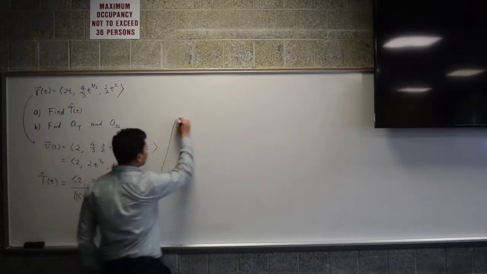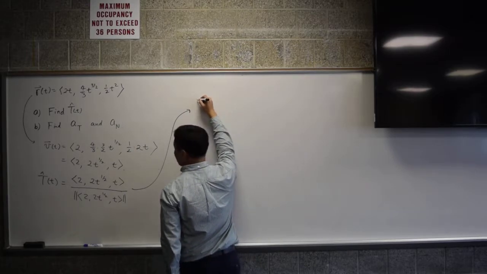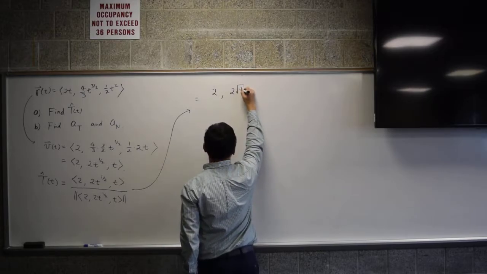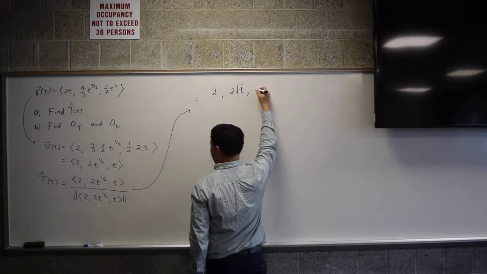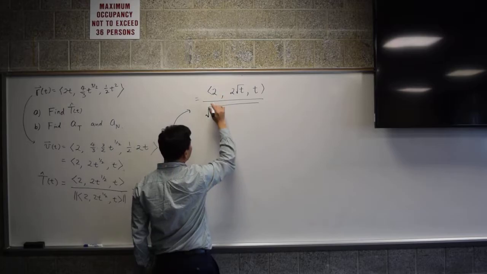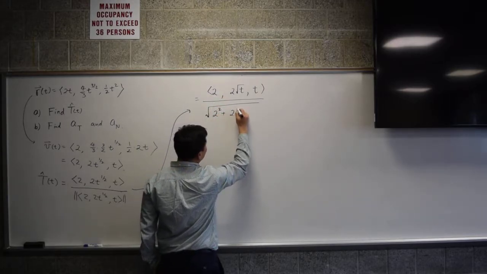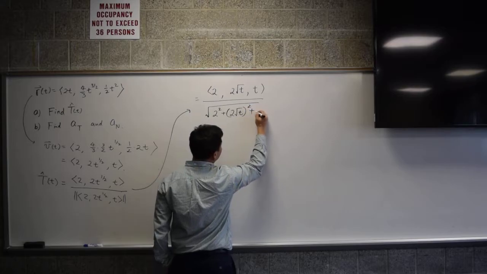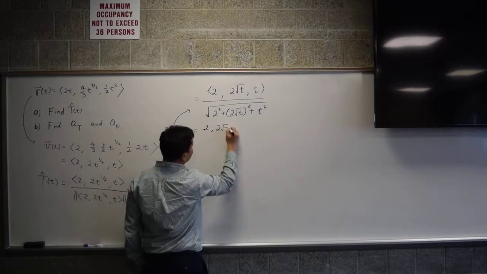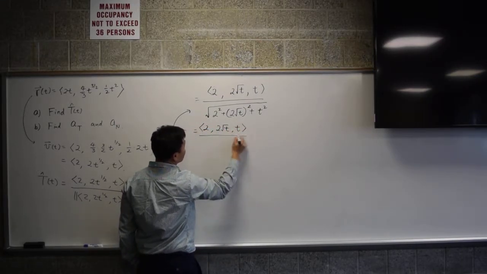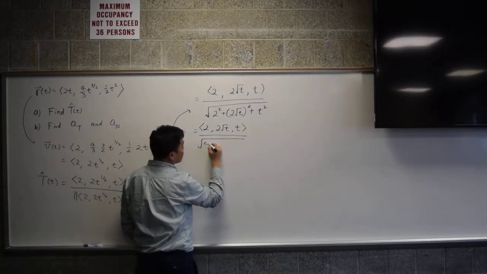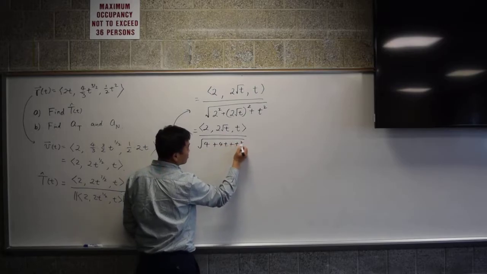Okay. Now let's see. The 1/2 power is the same as square root, so you have to take the square root of the square of 2 radical t plus the square of t, which is the square root of 4t plus t squared.